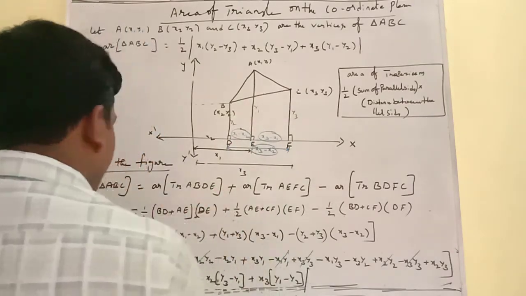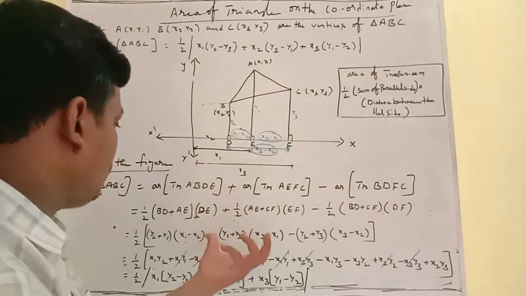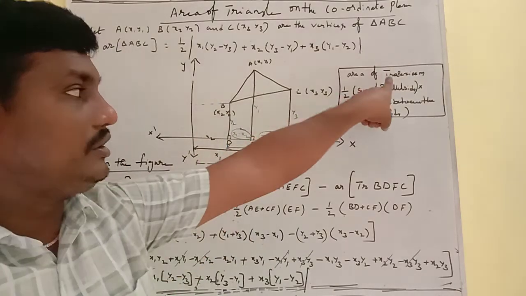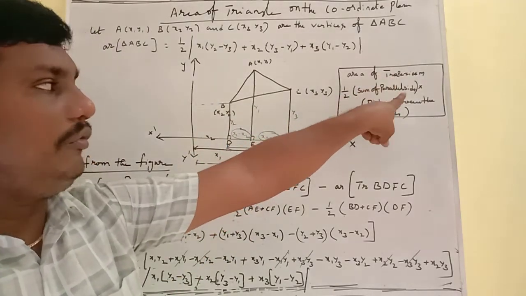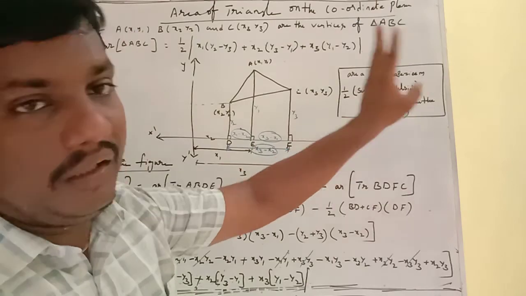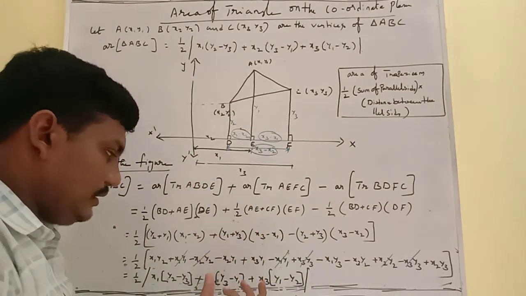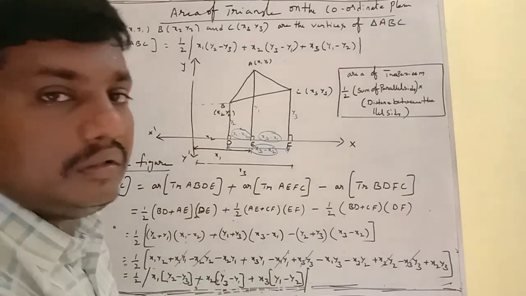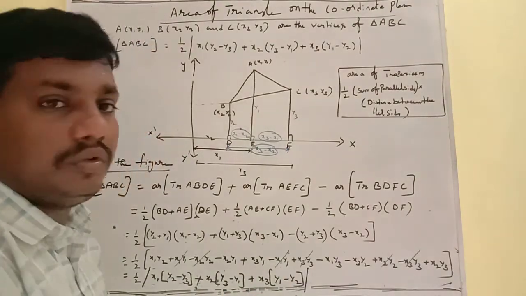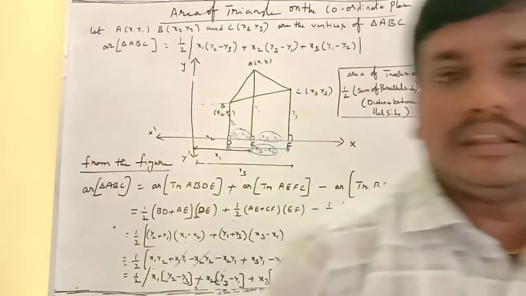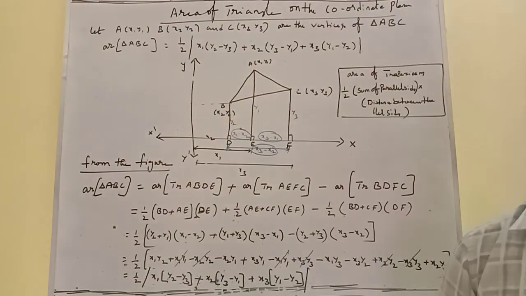Then we can get the area of the triangle. According to this concept, we use the area of trapezium formula: half into the sum of the parallel sides into the distance between the parallel sides. Okay students, so this is about the area of a triangle.